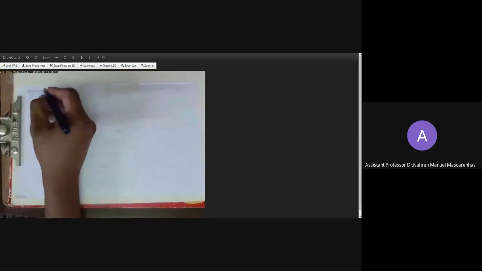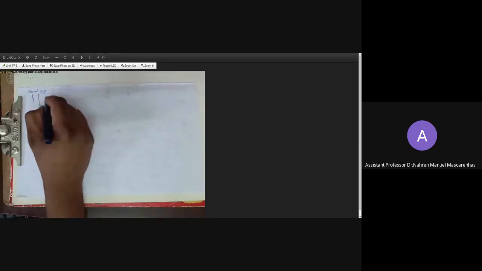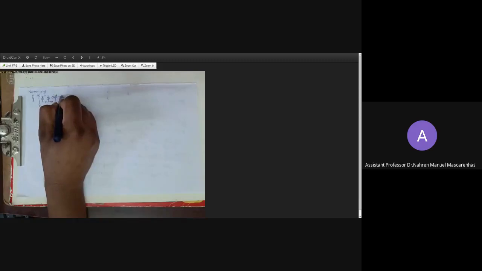Normalizing this function, this will vary from 0 to 2 pi, and you have capital psi m. Capital psi m should be equal to 1. This is the normalization condition.